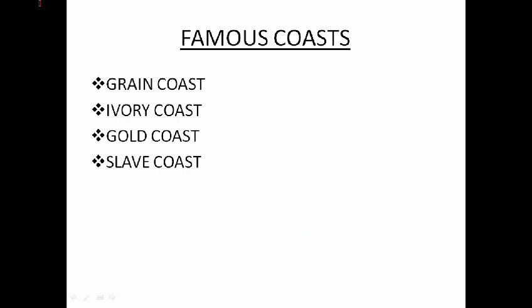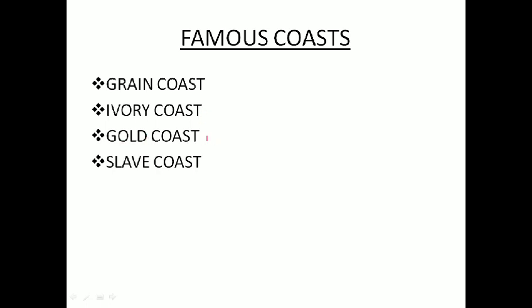The same way, another interesting point related to Africa is we find some popular coast names. You find Grain Coast. Next we have Ivory Coast, so Cote d'Ivoire.